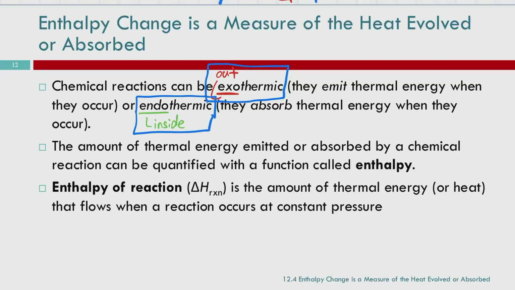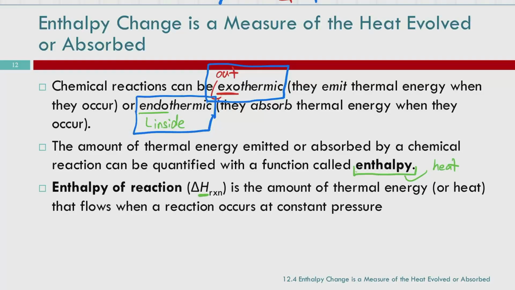The quantity of that thermal energy that's emitted in the case of exothermic or absorbed in the case of endothermic can be quantified with a function called enthalpy. Enthalpy is basically just heat. So if you see enthalpy, you can just think heat. Conveniently, it's got the symbol H, which you can think in your brain, heat.